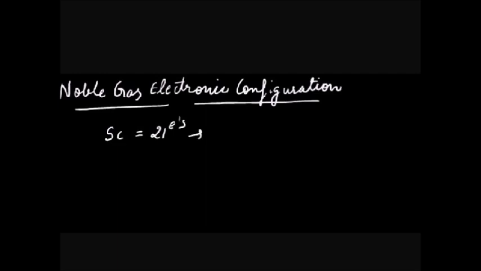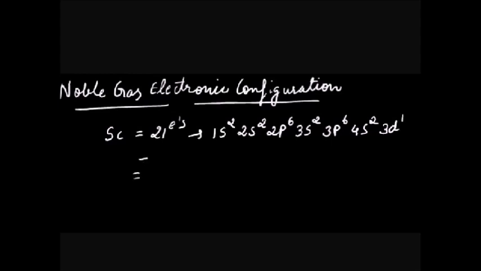The electronic configuration is 1s2, 2s2, 2p6, 3s2, 3p6, 4s2, and 3d1. This can be written as Ar 18, 4s2, and 3d1, where Ar is the noble gas.